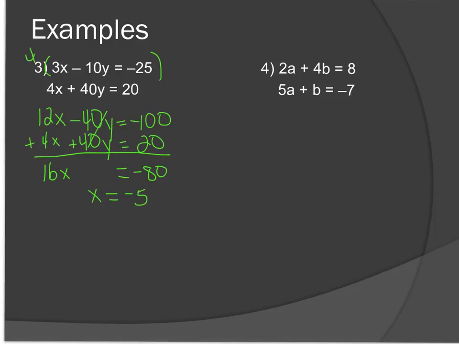All right, so let's go back to one of our originals. So let's choose the first one. We'll have 3 times negative 5 minus 10y equals negative 25. And then solve for y. So take negative 15.